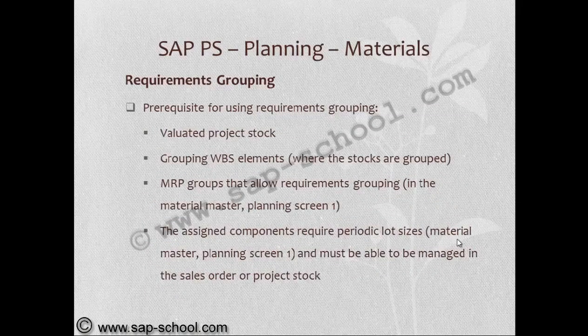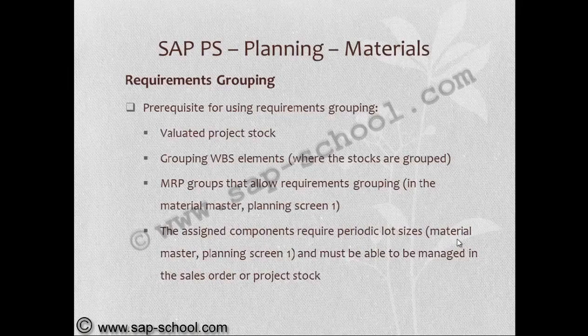Prerequisites for using requirements grouping: evaluated project stock, grouping WBS elements, and MRP groups that allow requirements grouping. The assigned components require periodic lot size and must be able to be managed in the sales order or project stock.